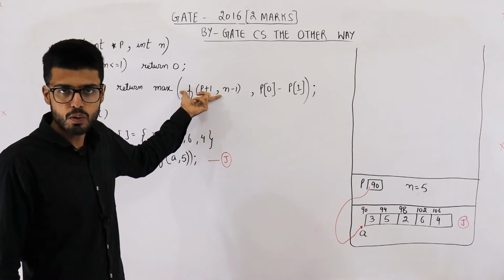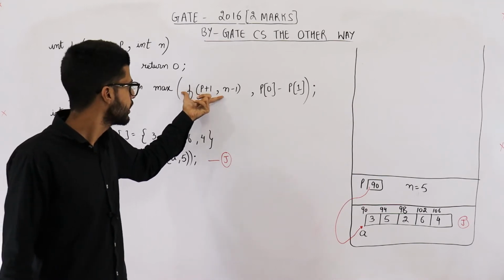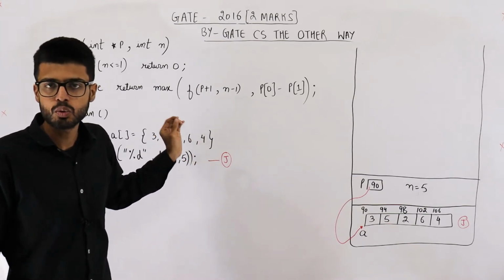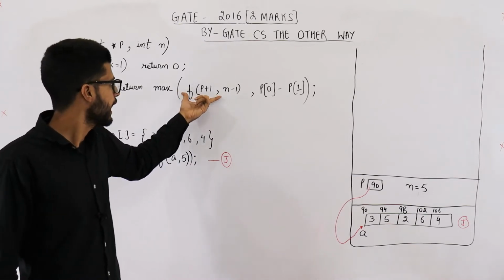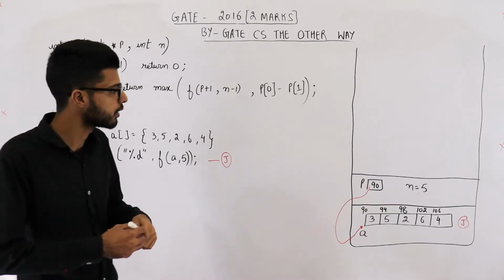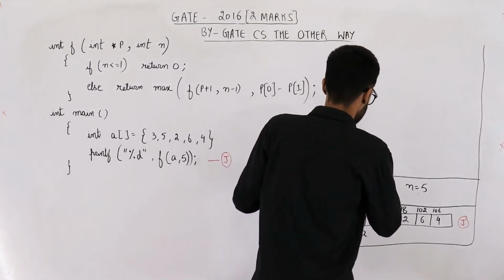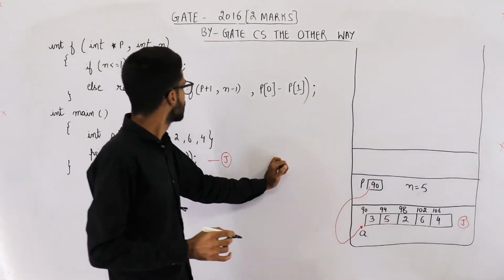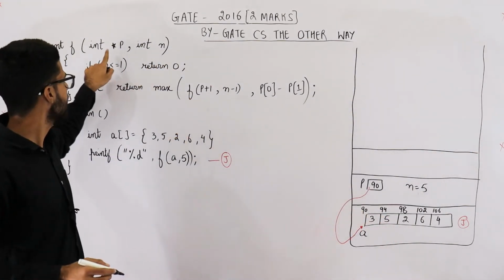This is a function call. That means here this function is calling itself. Hence, this is a question from recursion. And here we have to push activation record because new function is being called. Suppose this is the activation record that is pushed. So new function that is called is f.